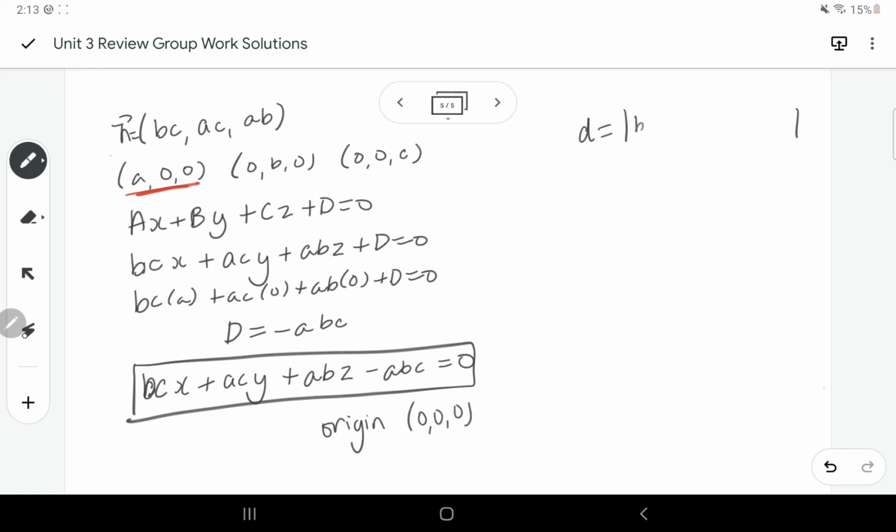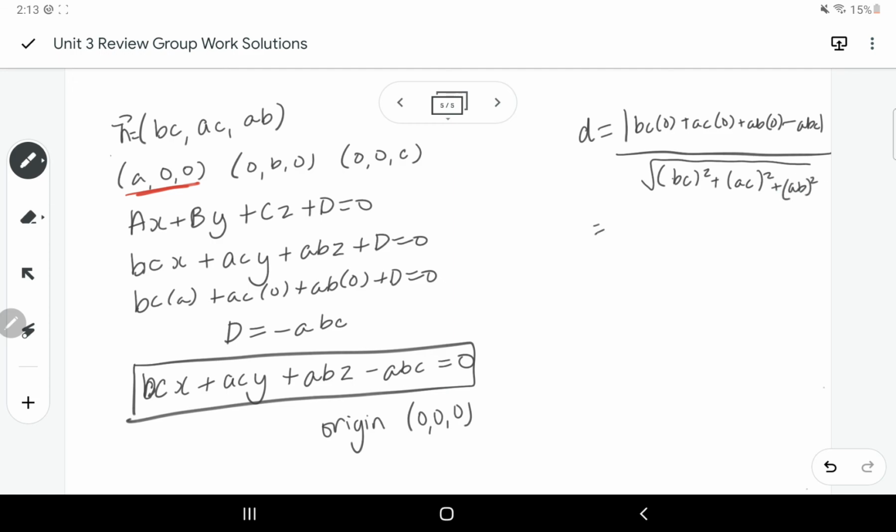So this is going to be BC times 0 plus AC times 0 plus AB times 0 minus ABC over the magnitude of the normal. So this is the magnitude of the normal. So this would be the square root of BC squared plus AC squared plus AB squared.